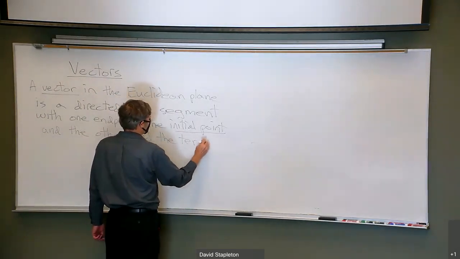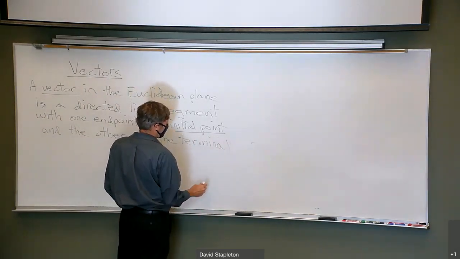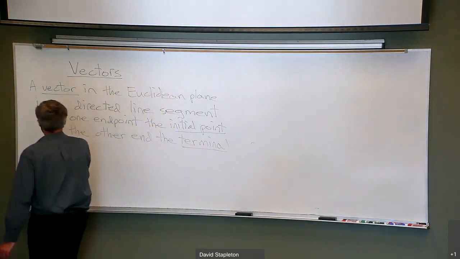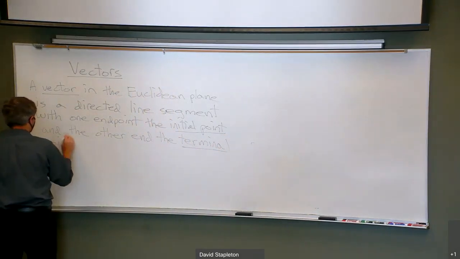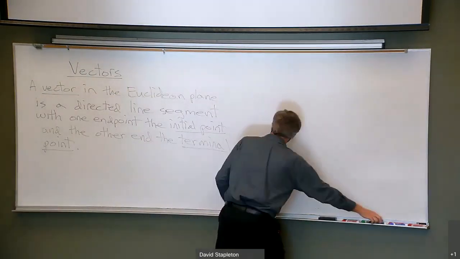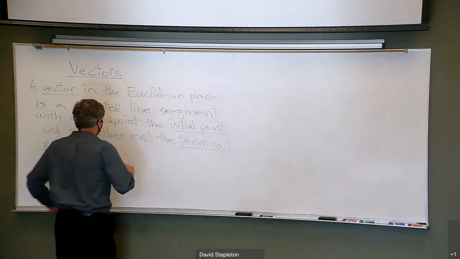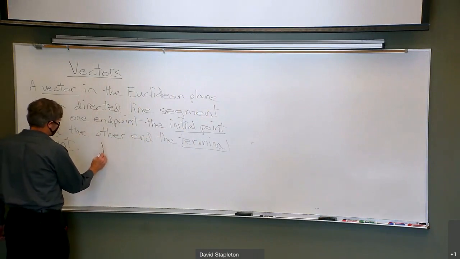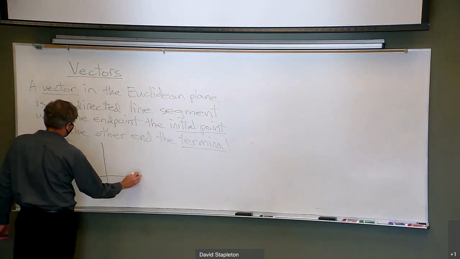You may have seen these in another class. Sometimes they do them at the end of trigonometry. They're common in physics if you take a physics class. And we're going to do these in higher dimensions too eventually, but for now we'll just do them in the plane.